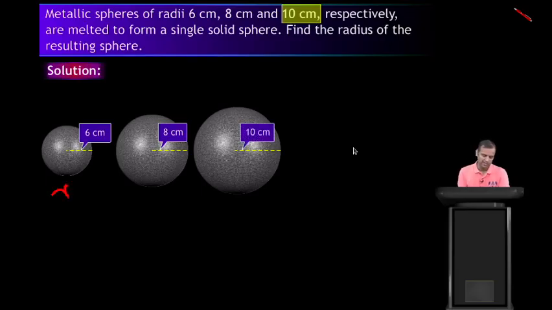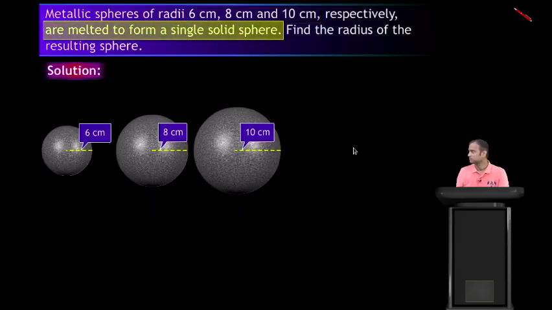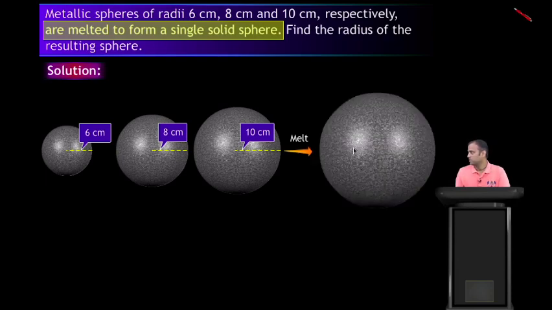We can write these as R1, R2 and R3. So here we have 3 solid spheres. They are all melted and form a bigger sphere. After melting, they are combined into one big sphere whose radius is unknown to us. We have to find the radius of this sphere.